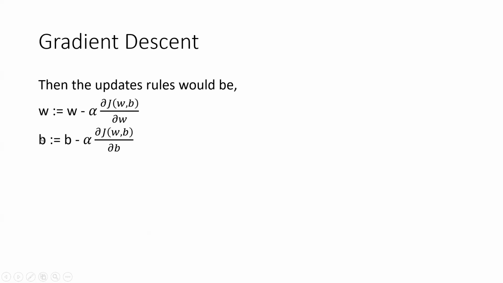The bias is also reduced by the learning rate times ∂J(W,B)/∂B. So there are two gradients in this case: this is the gradient for W and this is the gradient for bias.